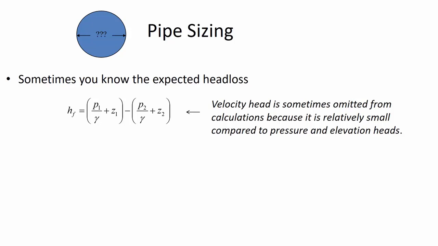Ordinarily the water is flowing at less than 1 meter per second through the pipe, so there's really not much energy tied up in velocity head. 1 squared is 1, divided by 2g, which is 19.62.